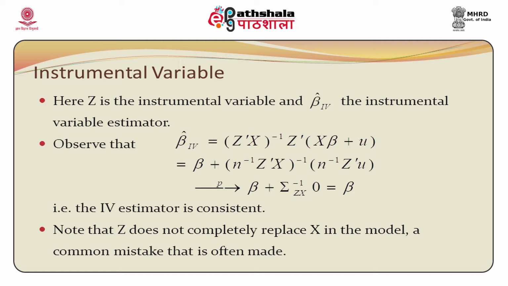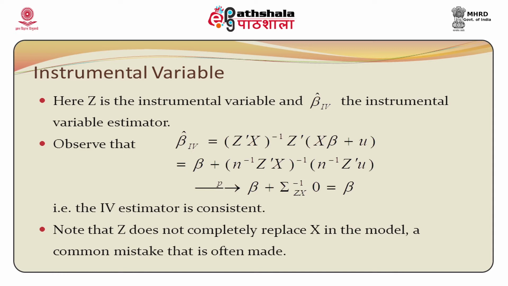So, the X is not completely replaced, because if you do that, you are changing the whole model. And then this Z also must be uncorrelated to u, so that when you actually do the asymptotics, the bias part would be going to 0, and you get a consistent estimator for the parameter beta.